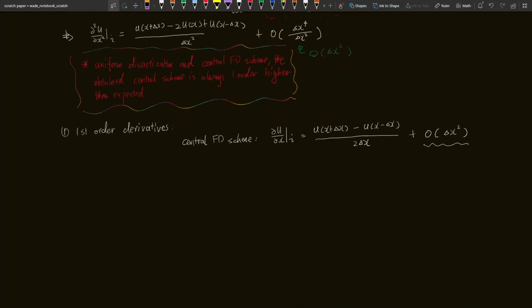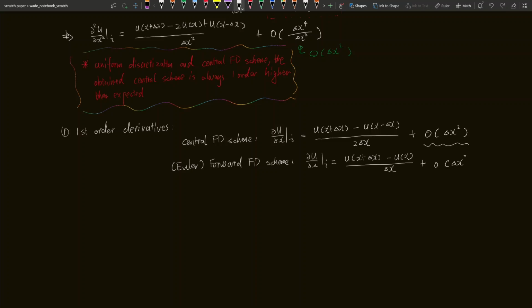And the second scheme is called the Euler forward finite difference scheme. We have du dx at point i equals u(x plus delta x) minus u(x) over delta x plus the error term.